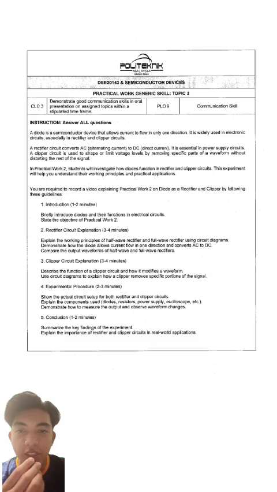Okay, in conclusion for this video, to conclude this experiment, we demonstrated the working principle of rectifier and clipper circuits using diodes. We observed how rectifiers convert AC signal to DC, with the half-wave rectifier allowing current during only half a cycle, and the full-wave rectifier utilizing both half cycles for better efficiency.